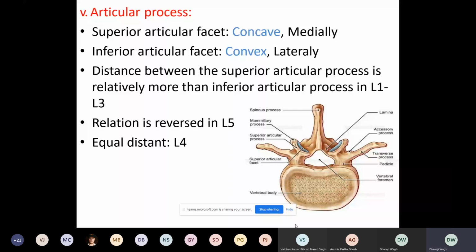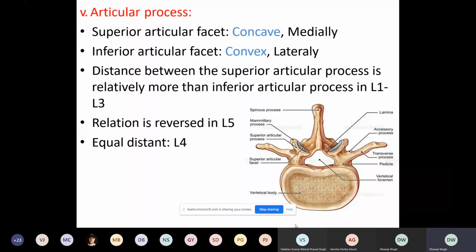The distance between the 2 superior articular facets is relatively more than that between the inferior articular processes in the upper 3, L1, L2, L3. What about L4? The superior and inferior articular processes are almost at equal distance. And what about L5? There is a reverse relation. That means the superior articular process is nearer and the inferior articular process is apart from this one.